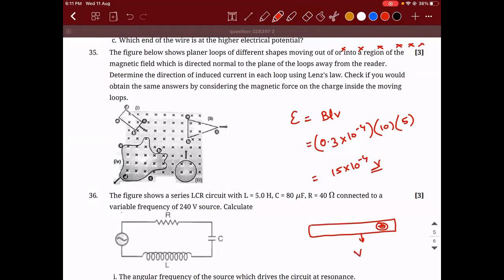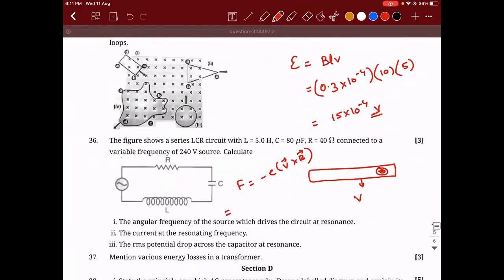What will be the direction of force experienced by it? Force will be minus E into V vector cross B vector. What is V vector? V of minus J cap, cross B, which is B of minus K cap. So it will be minus EVB into J cap cross K cap, which is I cap.